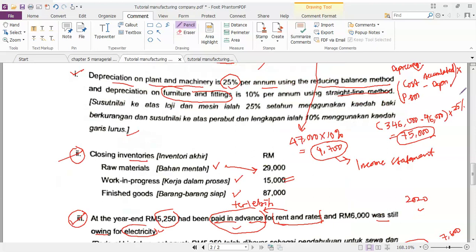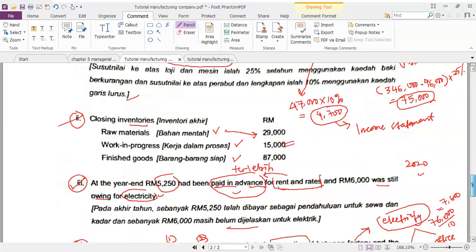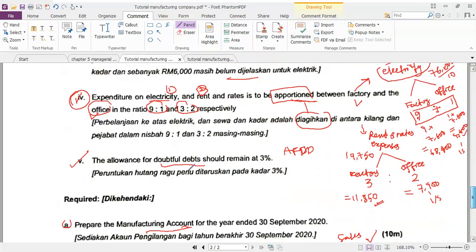So let's look at the question. How much is our sales? Another one: how to calculate the allowance for doubtful debts. There is a formula to calculate the allowance for doubtful debt.